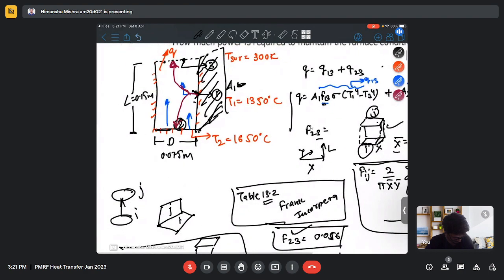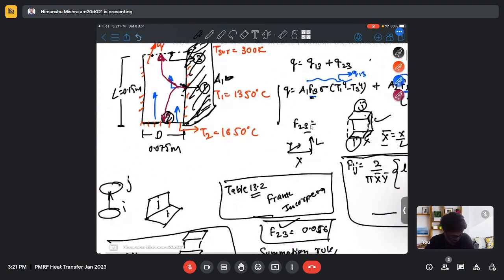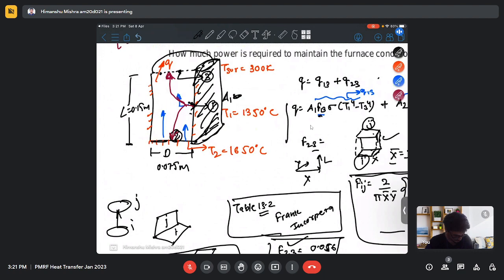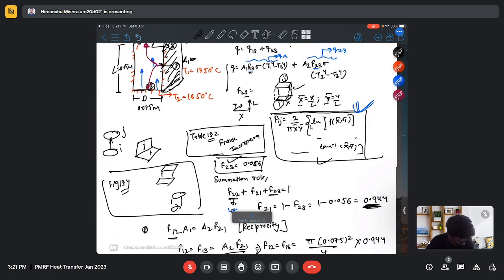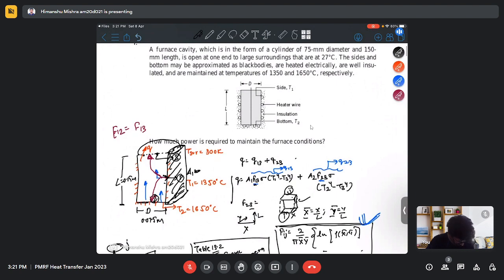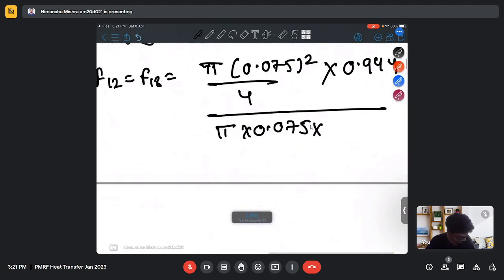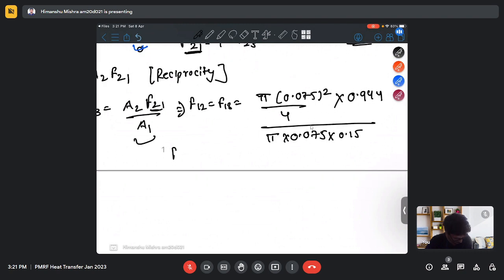So this is not a straight line, it will be like this. So it will be pi D L, and my length is 0.15 meter. So my shape factor F12 or F13 will be 0.118.